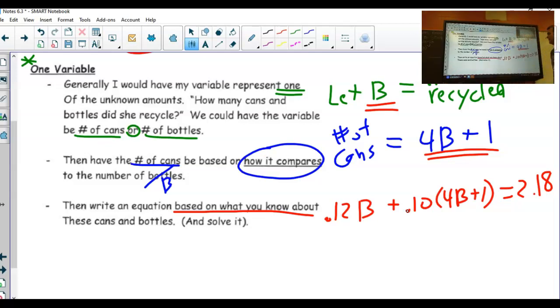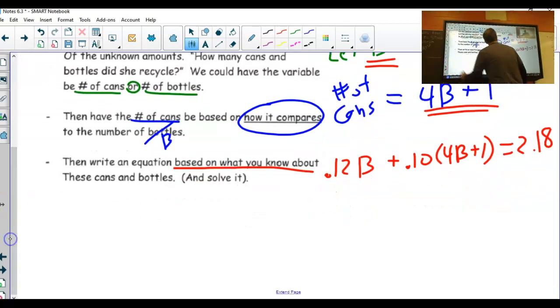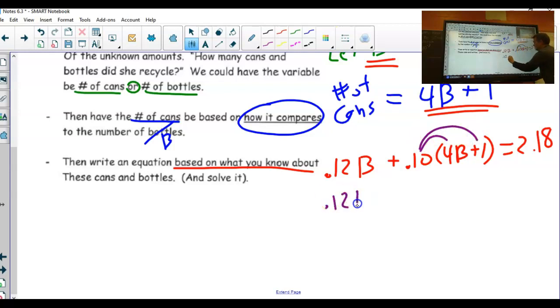And now I have an equation, and we're going to solve it. The first thing I would do is distribute the 0.10. That would give me 0.12b plus, let's see, 0.10 times 4 is 0.4b, and 0.10 times 1 is 0.10, equals 2.18.